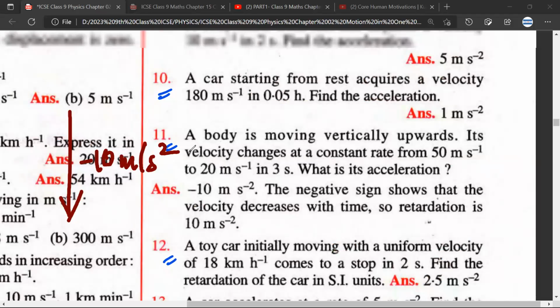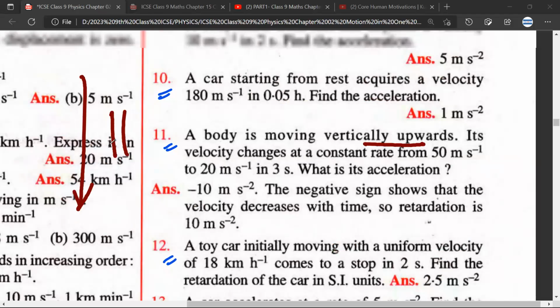Are we clear? If this body, rather than moving vertically upward, was falling down, then it would be increasing its speed at a rate of 10 meter per second square. Is it making sense?